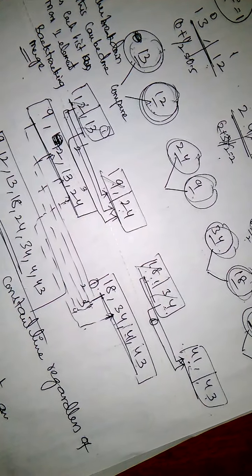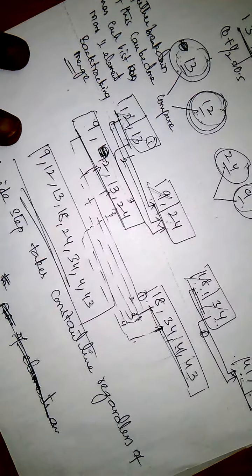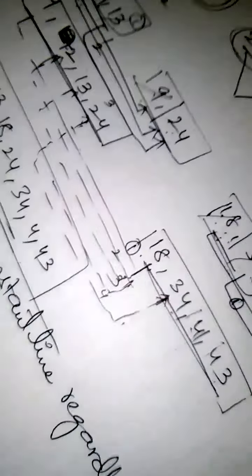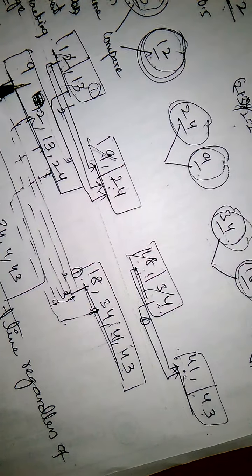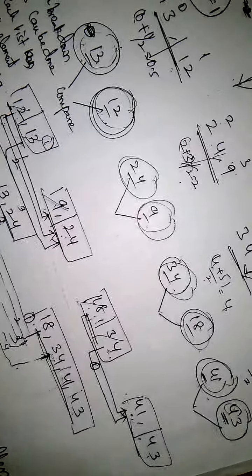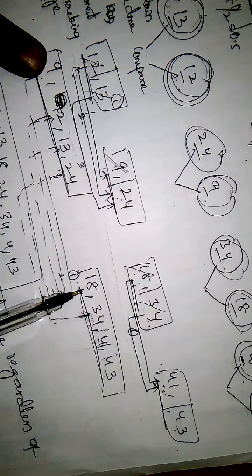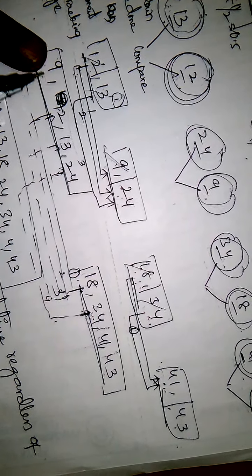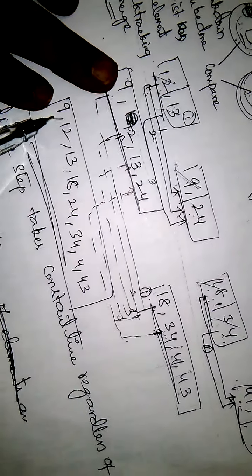Then we will say the list is sorted, and we get the main or final sorted list. Now you compare the first sublist with the second sublist. Compare 9 with 18. Which is smaller? 9. Put it in the list.